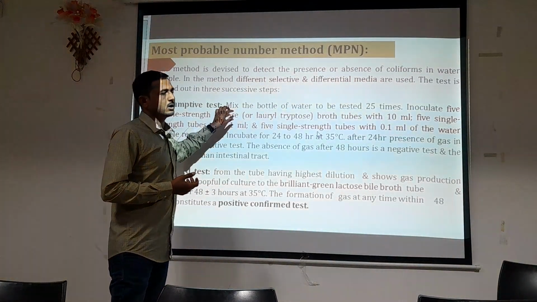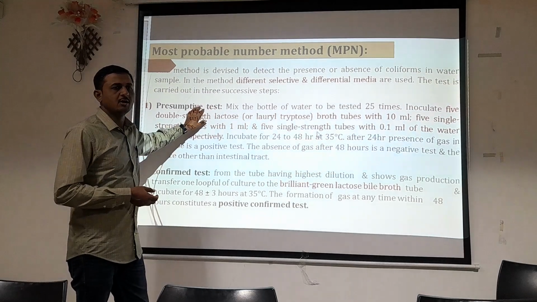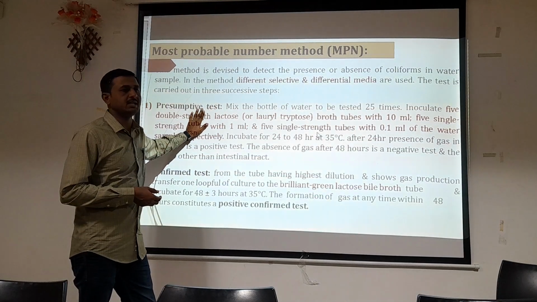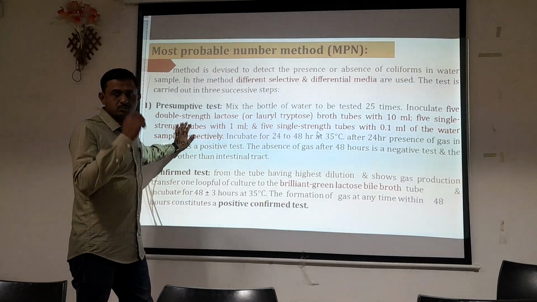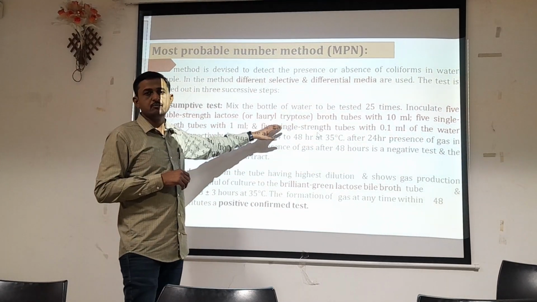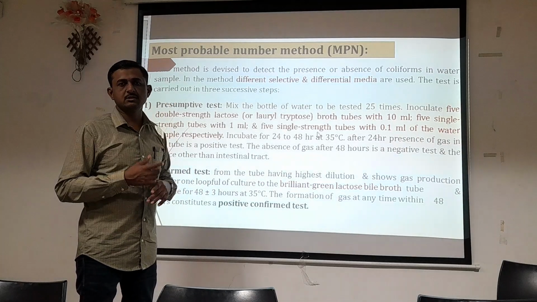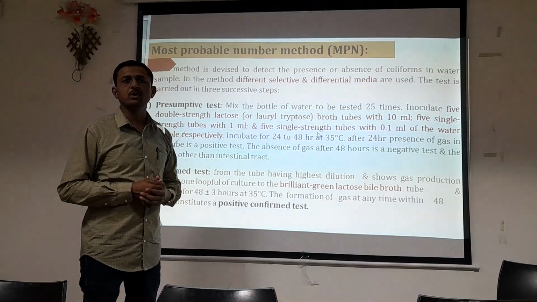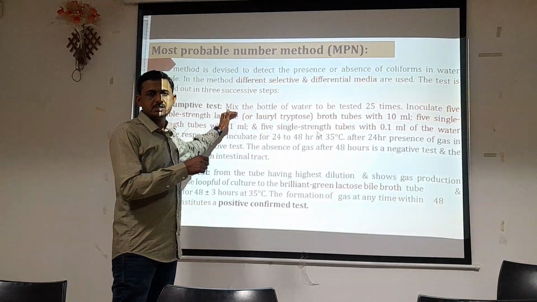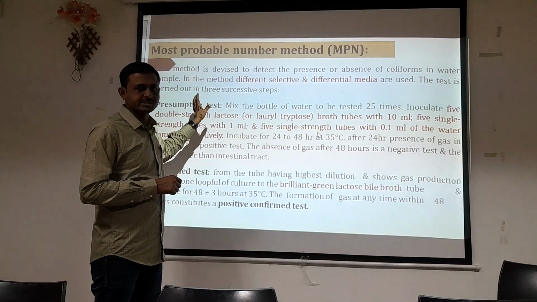So you have to prepare 5 tubes containing double strength lactose broth, 5 tubes containing single strength lactose broth, and another 5 tubes containing single strength lactose broth. In the first 5 double strength tubes, you inoculate 10 ml of the representative water sample collected previously.